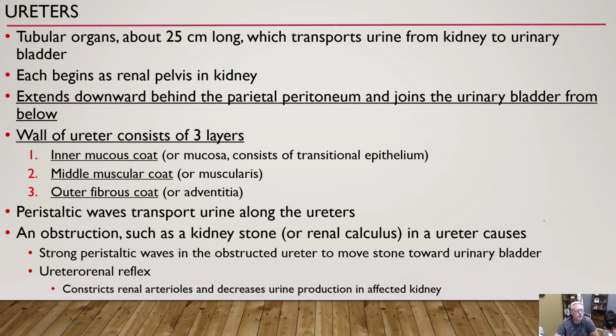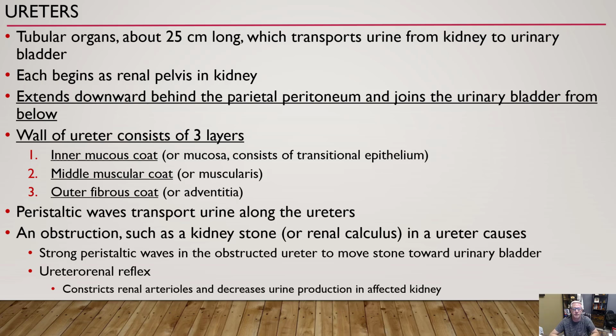I don't know if we'll see a slide of that later on. Remember, there was simple squamous epithelium, pseudostratified, and one called transitional epithelium. We'll talk about that in a second. But remember peristalsis, how food moves through the digestive system.